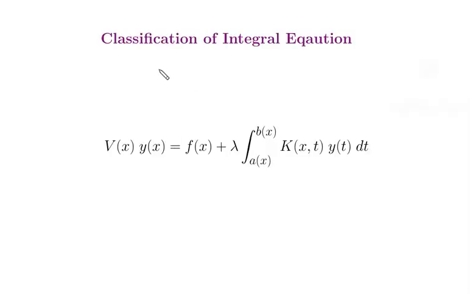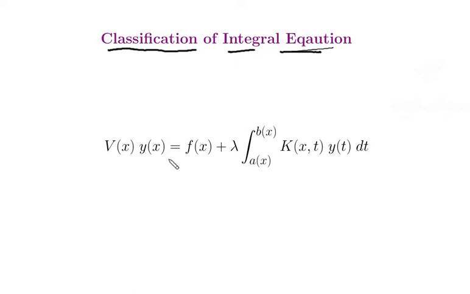So to classify the integral equation, please excuse the spelling of equation. The general form of the integral equation, and of course I am talking about the linear integral equation. A non-linear integral equation would have terms like y square, since y of x is the unknown function, that would be a non-linear term.